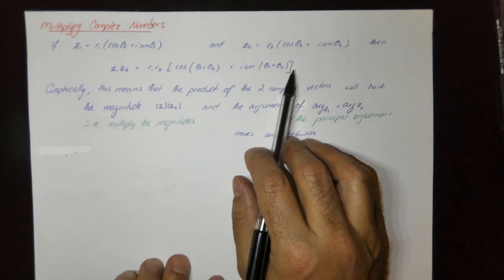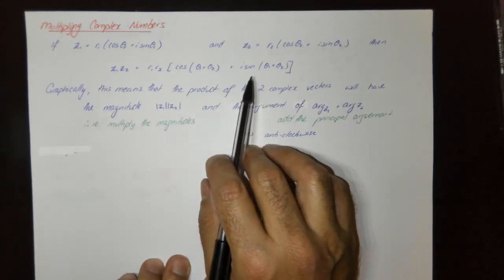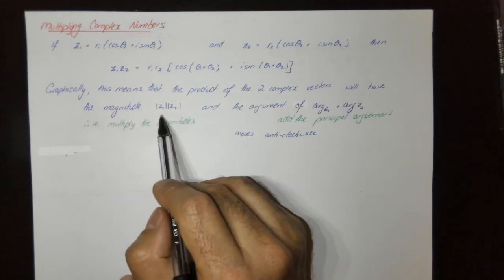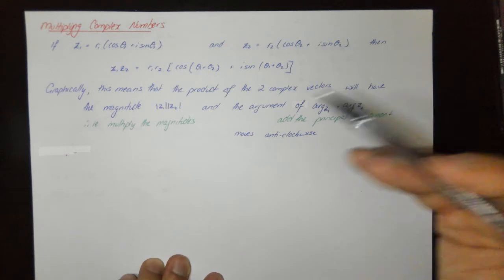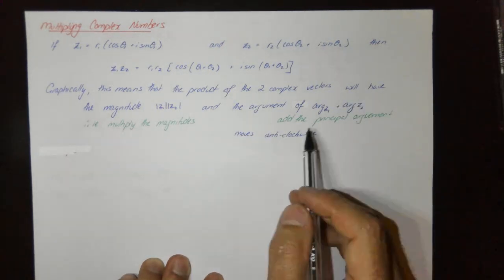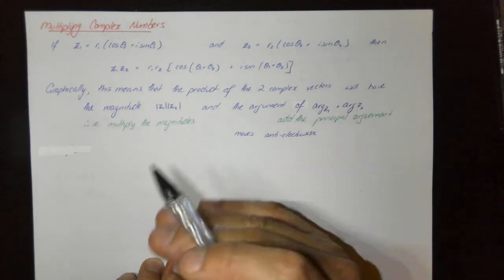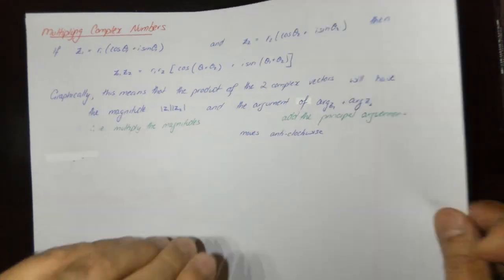So graphically, the product of the two complex vectors will have a magnitude of the magnitudes multiplied together, so the lengths increase, and the argument is a sum, so the angle increases and moves anti-clockwise. So let's do an example.